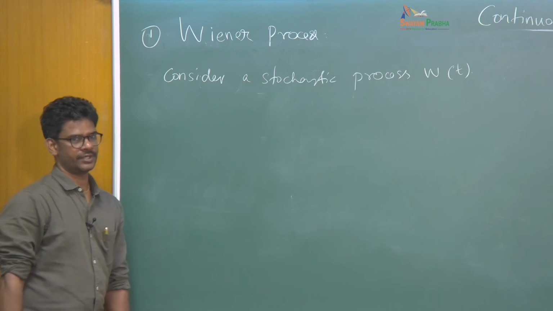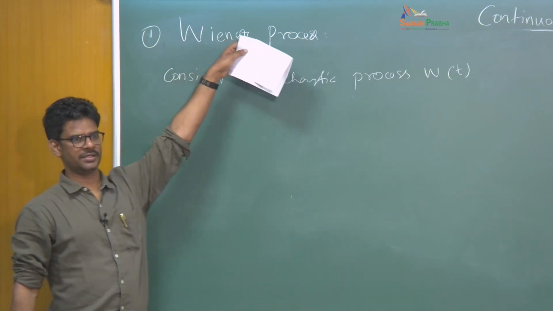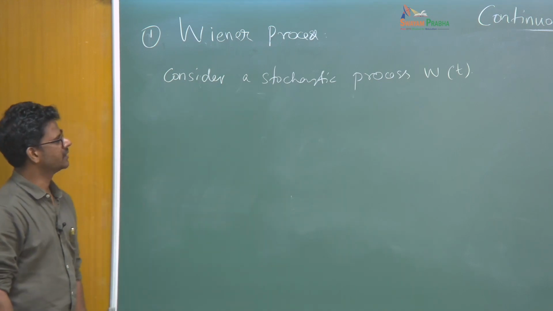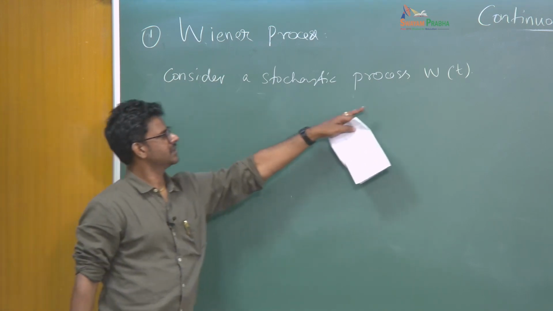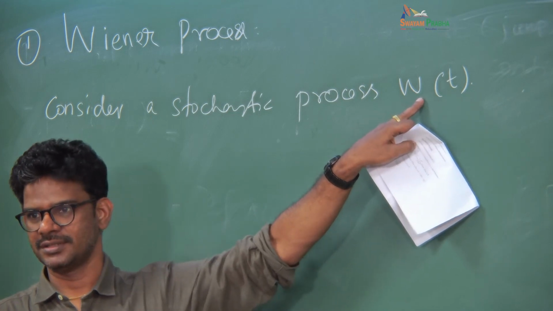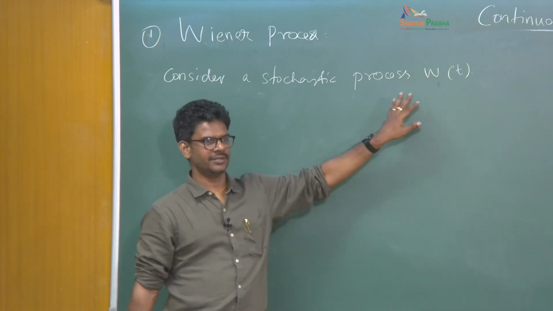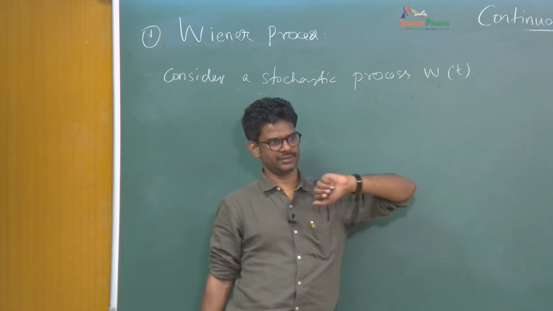The first process we are going to deal with is called the Wiener process, named after the scientist Norbert Wiener. Let's say there is a stochastic process W of t describing the system state here. We have not said what that is; we will see later on. This basically refers to Brownian motion.